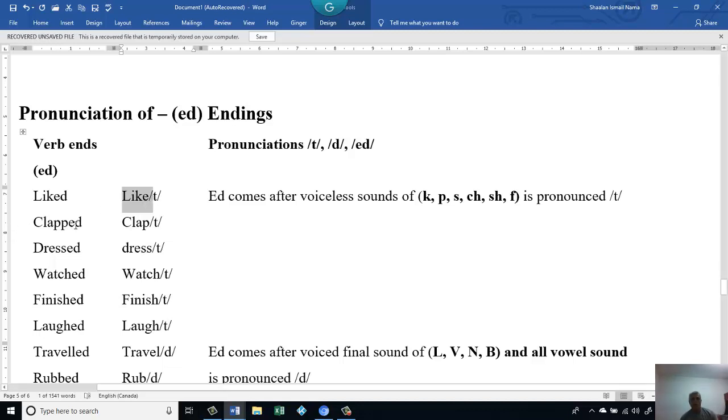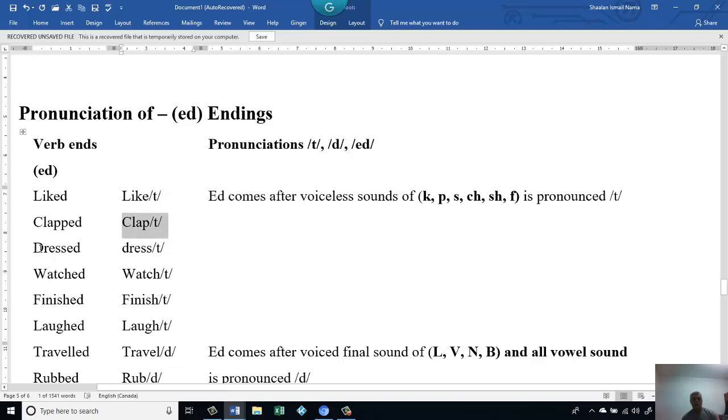Clapped. Same thing here. If you remember, we said that if our verb is only one syllable, like this, one syllable, we have consonant, vowel, consonant, then we have to double the last consonant. We're going to make it clapped. Then we pronounce it as T, clapped.